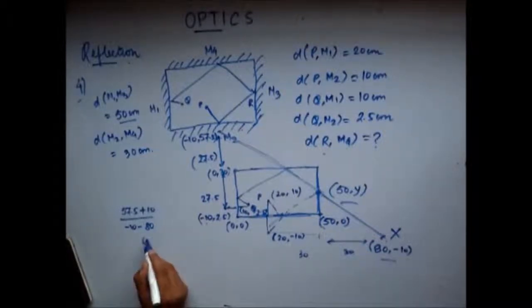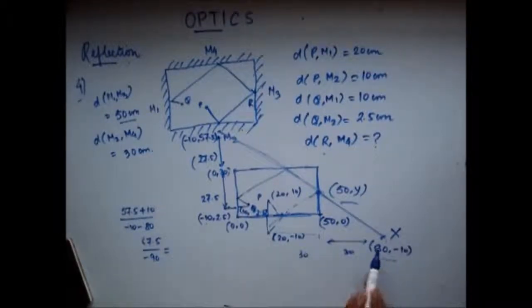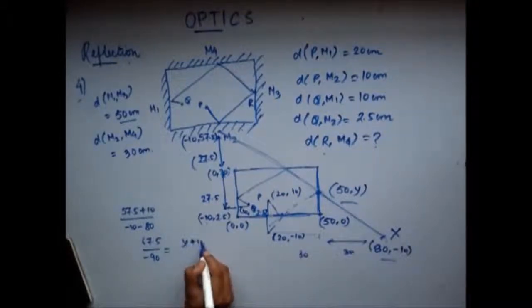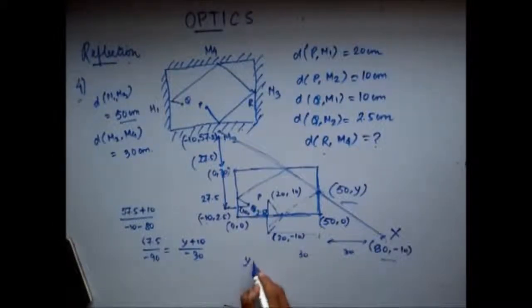That means 67.5 over minus 90 is the slope. This should be the slope which I get from here, that is y plus 10 divided by minus 30. That means y plus 10 is equal to 67.5 divided by 3.